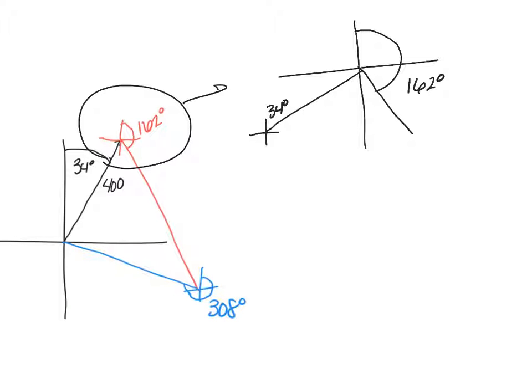Now the assumption is that this is running parallel to this. So if that's 34 degrees right here, that means this also has to be 34 degrees. So alternating interior angles of parallel lines.